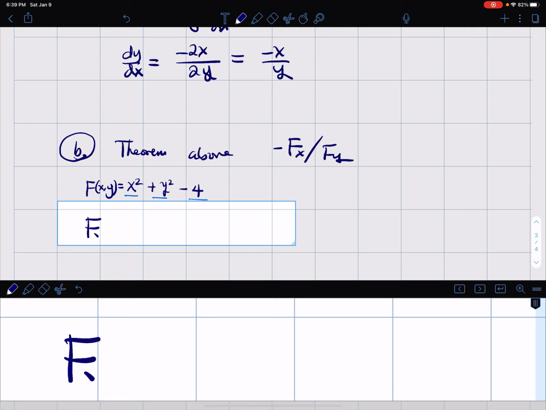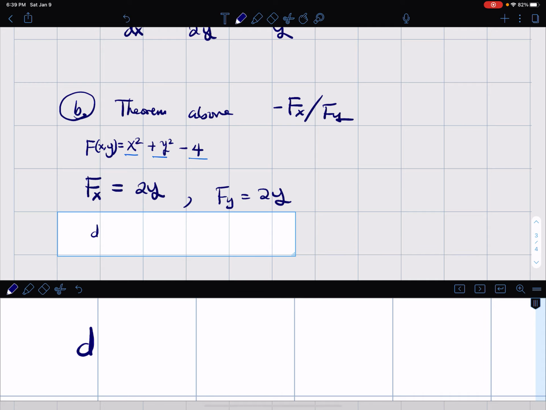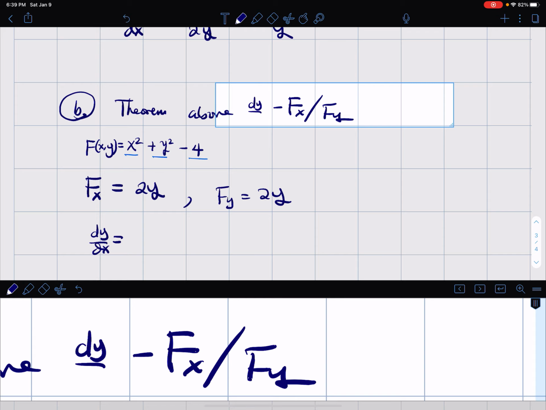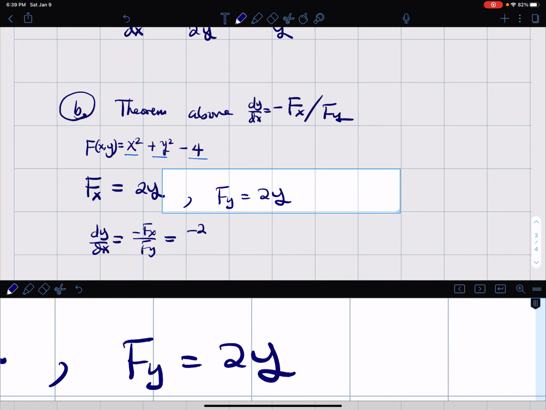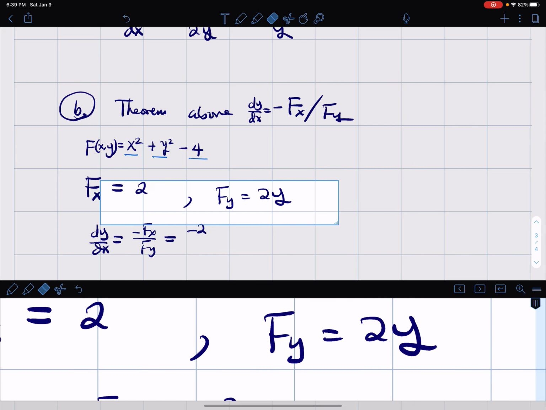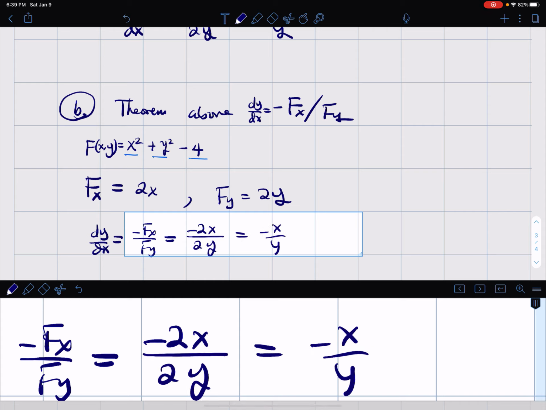So that means fx is equal to 2x and fy is equal to 2y. That means our dy/dx by the theorem is equal to negative fx over fy. So that is negative 2... No, fx is 2x, not 2y. Something is wrong with me. Minus 2x over 2y, which is negative x over y, right? Okay.